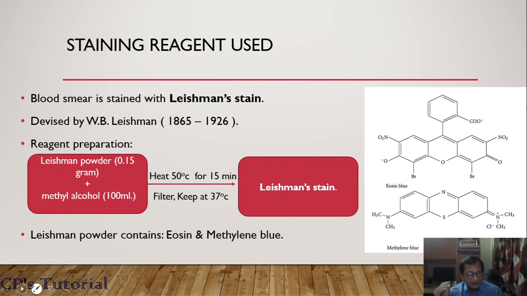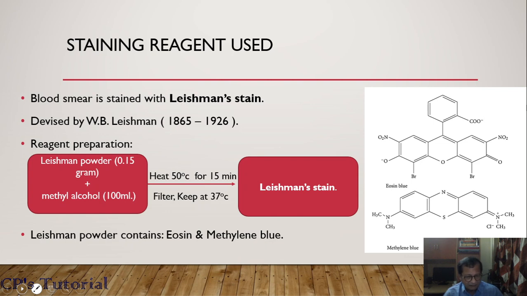Blood smear is stained with it because it is a neutral and differential stain. Why is it differential? Because it contains both types of staining material, eosin and methylene blue, that is acidic and basic.